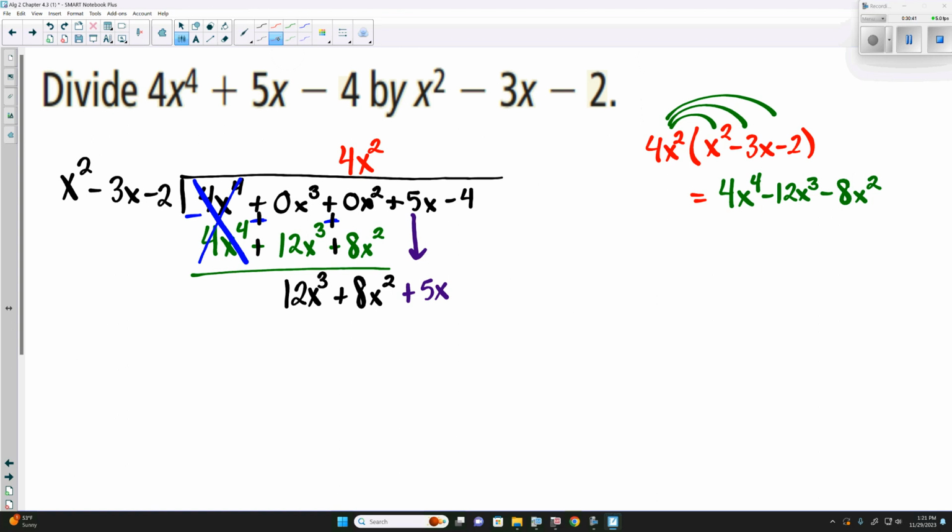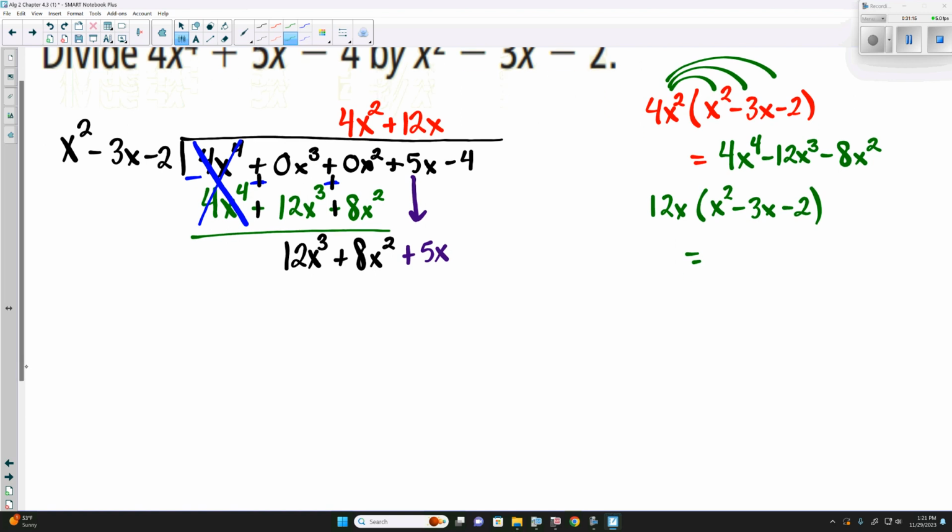Now our next step is to see what times x squared will give us 12x cubed. It would indeed be 12x, because we need the 12 to give us the 12, and we need the x to multiply with x squared to give us our x cubed. Again, we're going to do 12x times our x squared minus 3x minus 2.